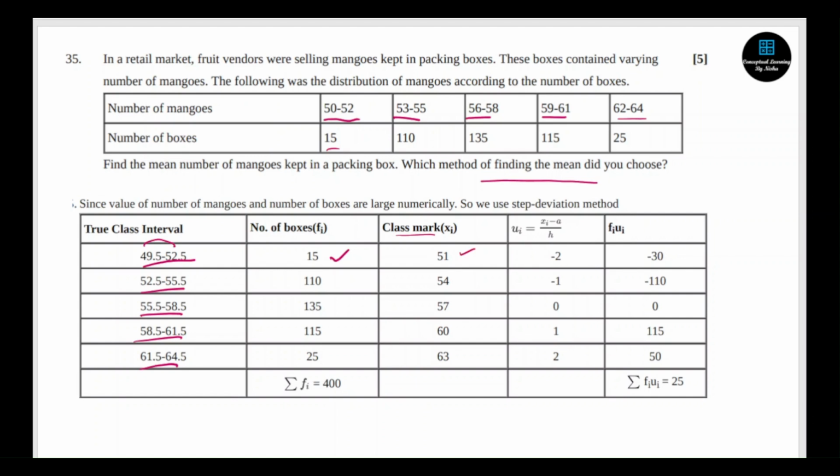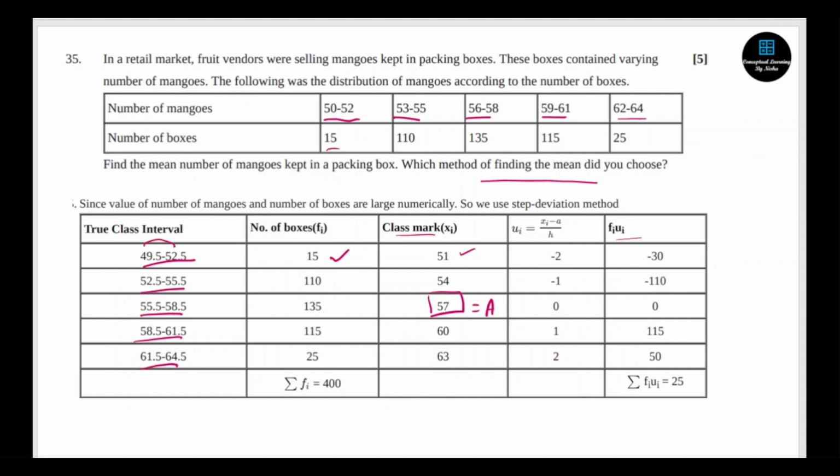Then ui is nothing but, first of all you have to take the assumed mean. So we have taken the assumed mean as this 57. This is our A value. And then we can find the ui. You remember we have to subtract this and divide by h. h is nothing but the class length, correct? So you will get these values.